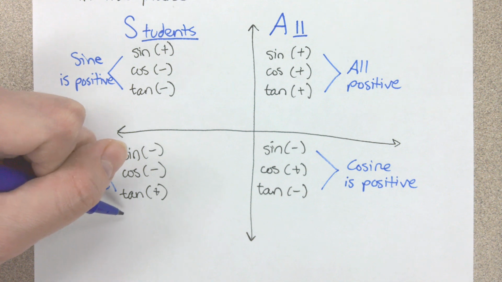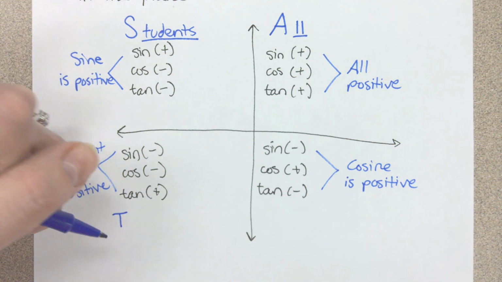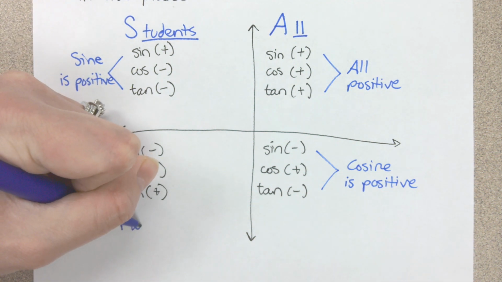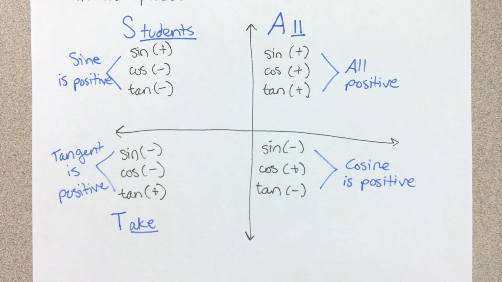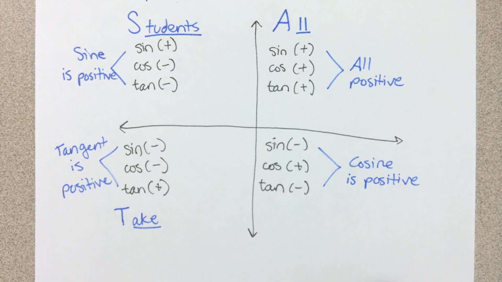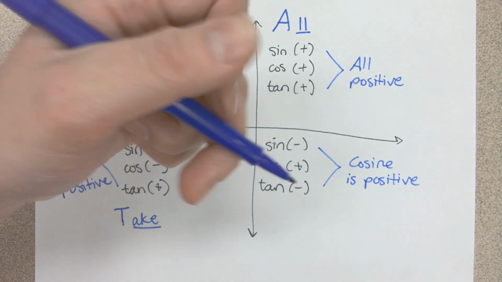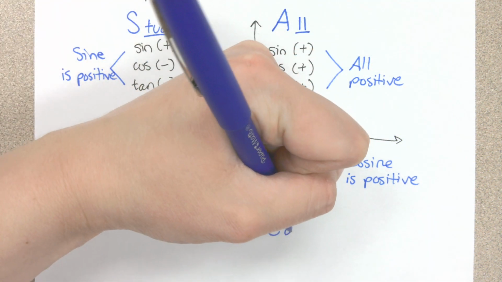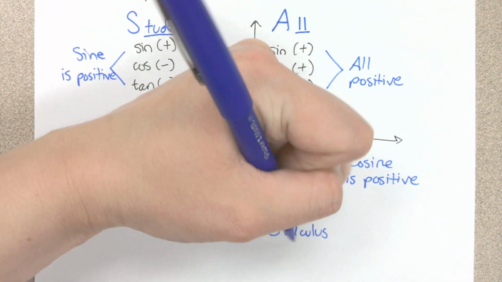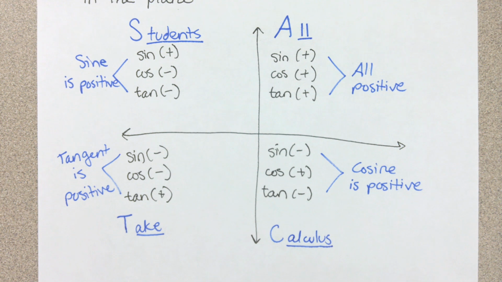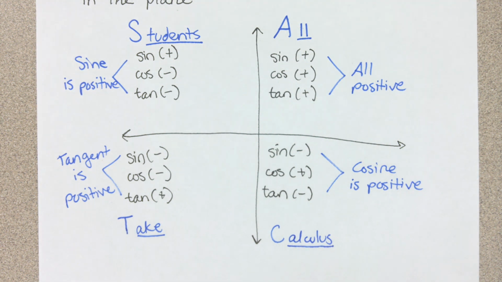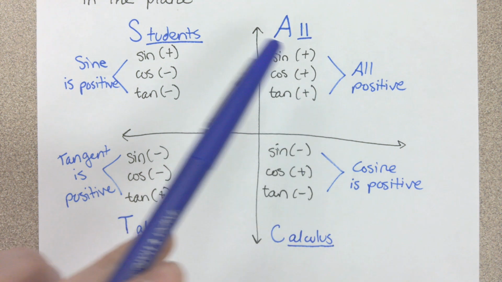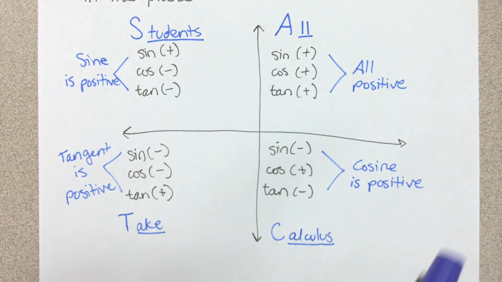Third quadrant, tangent is positive, so we use a T, and the word is take. And then C for cosine in the fourth quadrant, and the word we use is calculus. So as you can see, the acronym is all students take calculus.